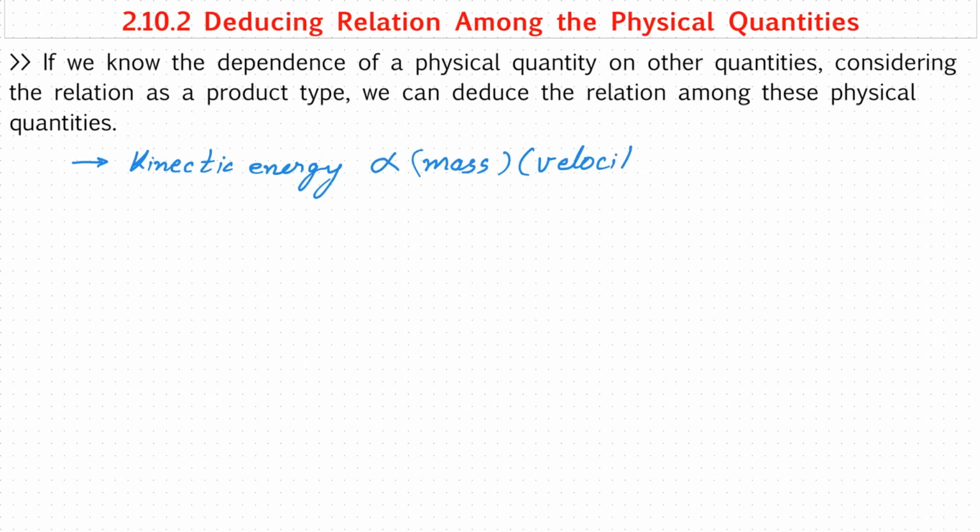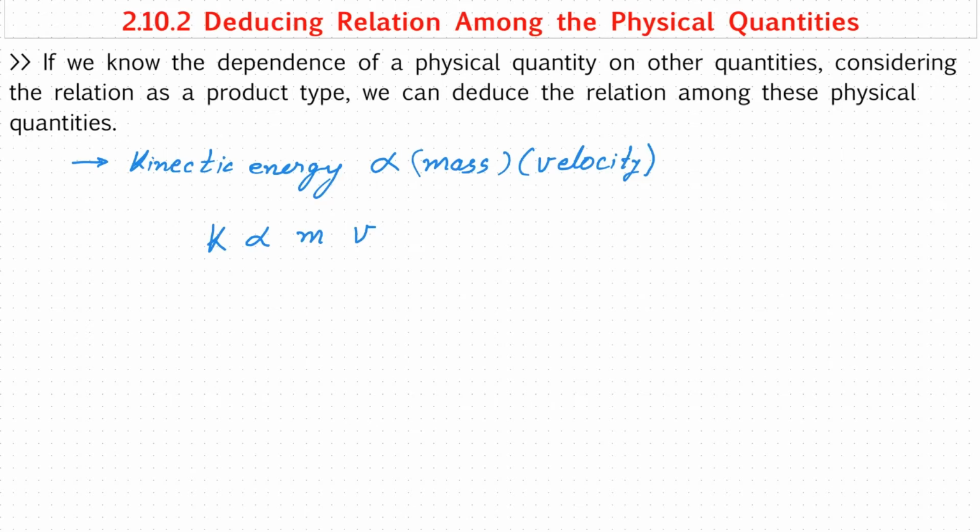I repeat, kinetic energy of a particle depends on the mass and the velocity of the particle. Let me put this in terms of symbols. K depends on mass m and velocity v.